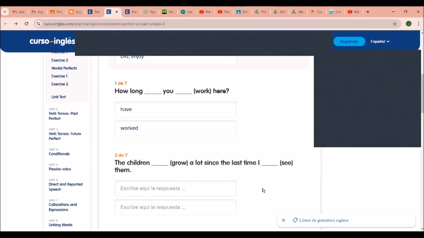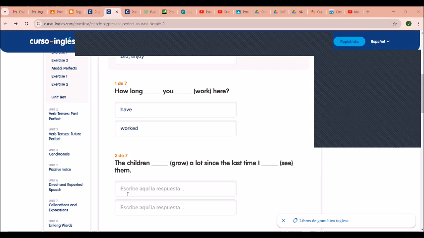But of course, not all words in English are regular. Andrea, here you have two. You have a present perfect beginning connected to a past simple. Can you complete the sentence for us, Andrea? The children grew a lot since the last time I seen him. Right? The other way.